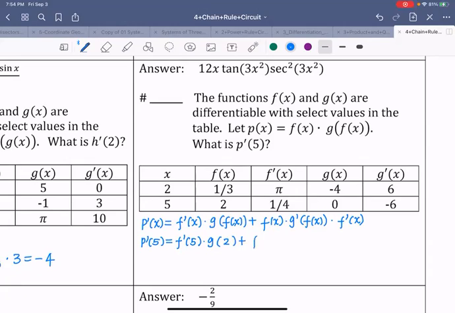Plus f of phi times g prime of, who is f of phi? 2. Who is f prime at phi? 1/4.